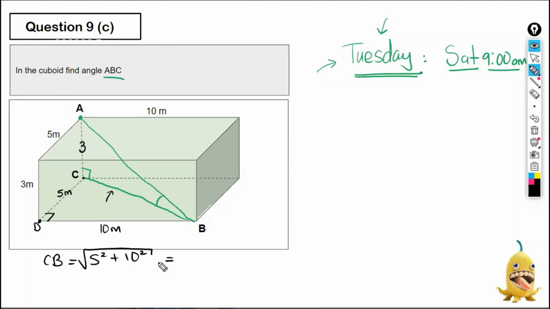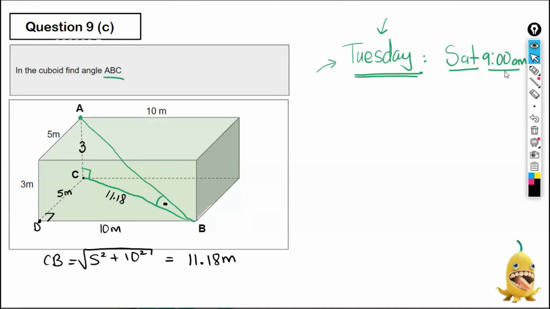I am getting, anybody can agree with this, 11.18 meters. Let's double check it. So here's 11.18. Couldn't we find this angle using tan now? Because if we're standing here, the 3 is opposite and the 11.18 is the adjacent, right?